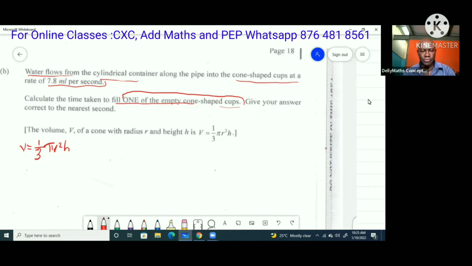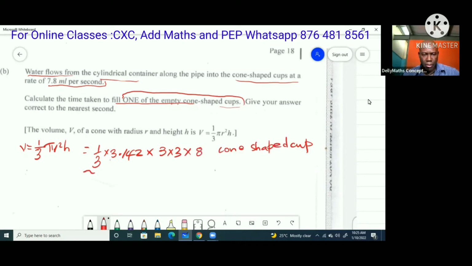The cone has a radius of 3 and a height of 8. So the calculation is 1/3 times pi, which is 3.142, times 3 times 3 times 8.